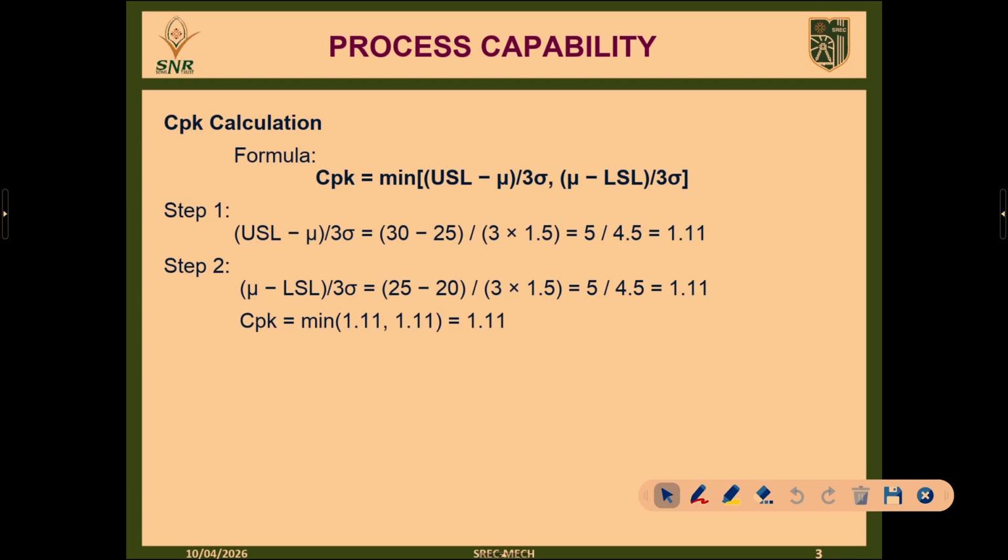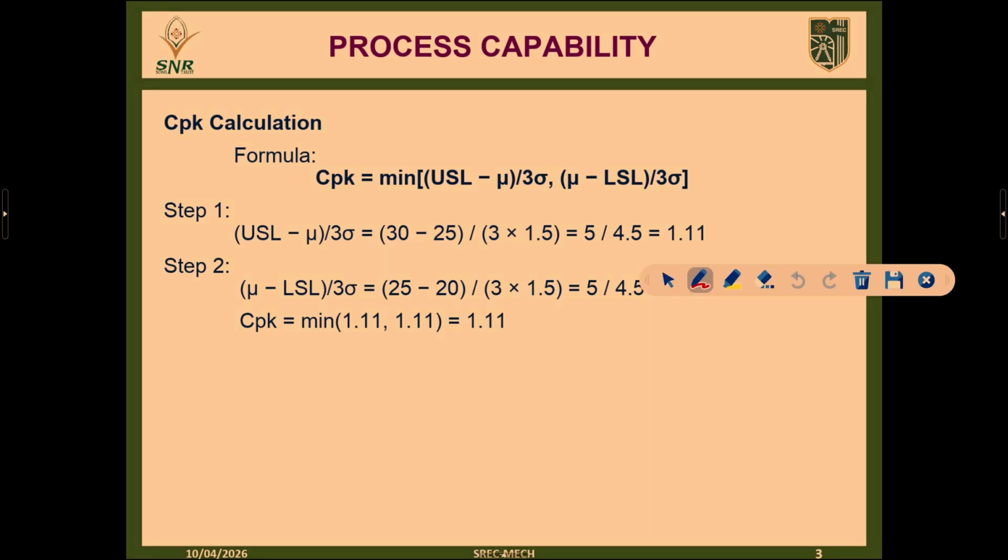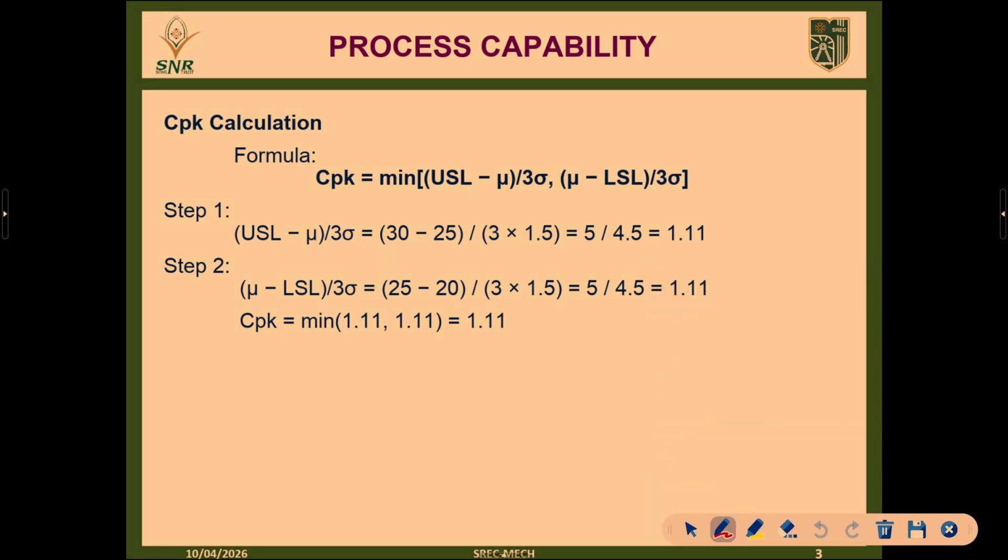It is upper specification limit minus mean value divided by 3 sigma, and the second one takes the left hand side half. So when we apply the values, we will get 1.11. So the minimum of both values is 1.11 and 1.11, we can comfortably take 1.11.